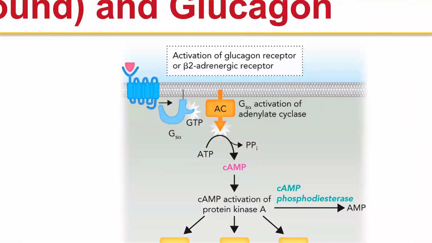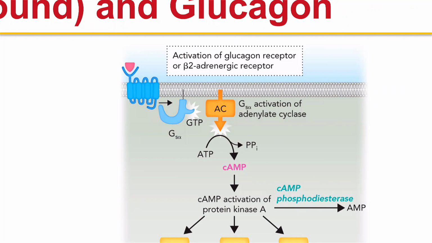So we have binding of glucagon, this is our "I'm hungry, I haven't had anything to eat in a while" signal, to our glucagon receptor. And it could also be, in this case, epinephrine binding to a beta-2 adrenergic receptor. Remember, these are shared pathways, so either way would stimulate this pathway. And so when we have that, our Gs alpha is going to convert GDP to GTP, and we're going to activate our adenylate cyclase.